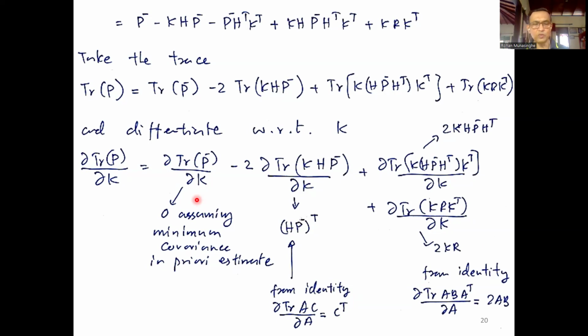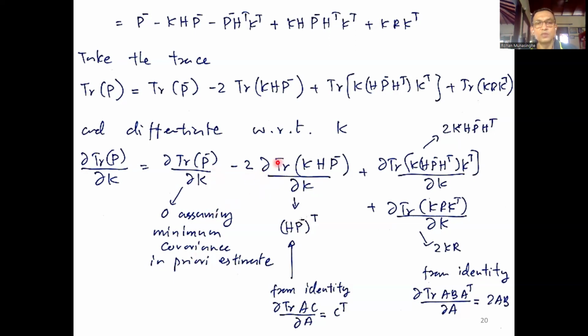You have the right to assume that you had the minimum error covariance in the previous step. P minus means the predicted error covariance with respect to K, and that is 0, because if the covariance was at the minimum, your rate of change is 0. Therefore, the first term on the right-hand side is 0.